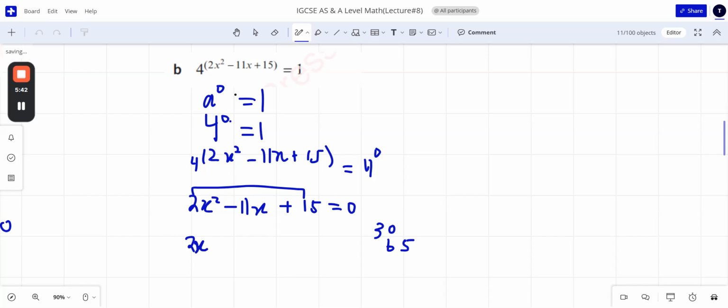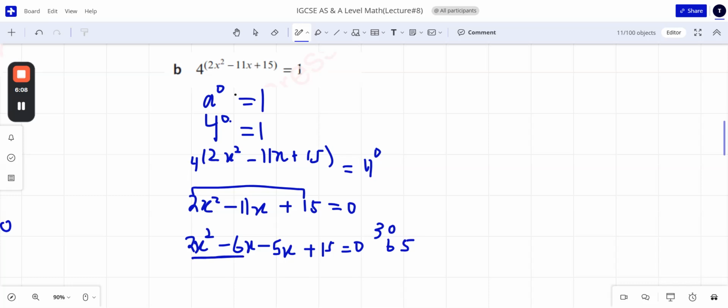So 2x² will remain the same, −6x. Now there is a negative sign with the middle term, so we will write the negative sign with both factors, because negative and negative makes positive. Then 6 plus 5 becomes 11. So plus 15 equals 0.